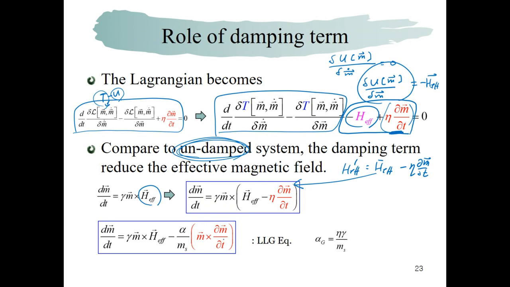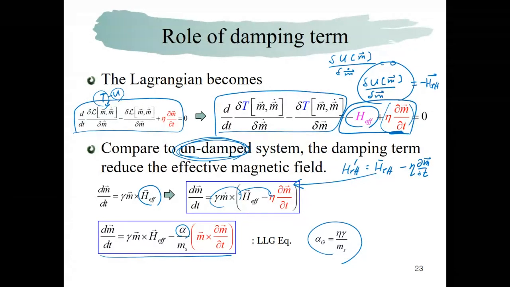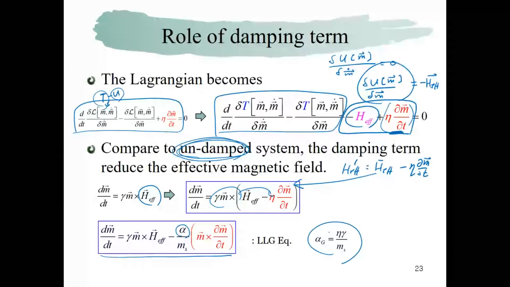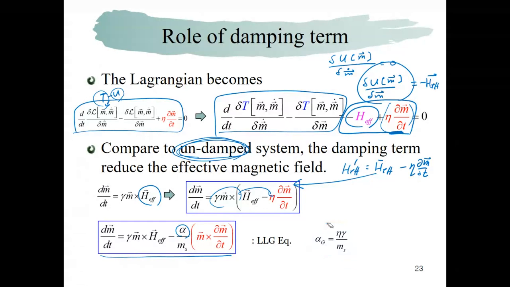If we rewrite this equation to here, we can obtain the equation of motion of the LLG. Here the damping constant alpha is defined by eta gamma divided by Ms. This is called the LLG equation. Okay, so then what is the meaning of this damping term?